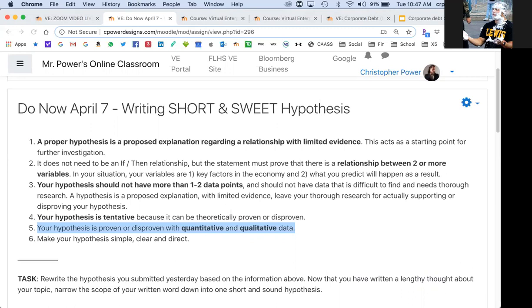So to shortchange the goal of the hypothesis, it should be just enough to get the listeners' feet wet. As soon as you can get their feet wet, the goal is that they ask additional questions and they want to read the rest of your study.